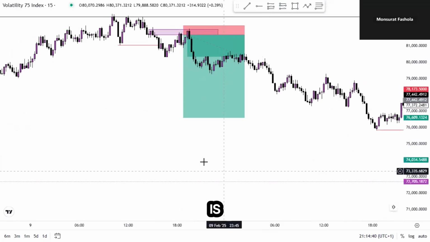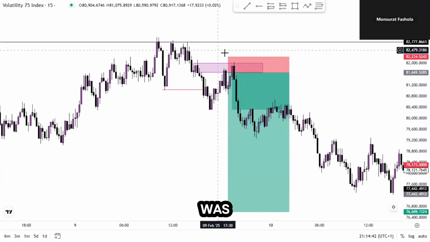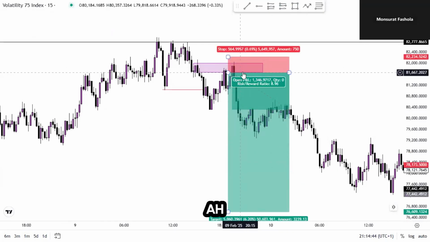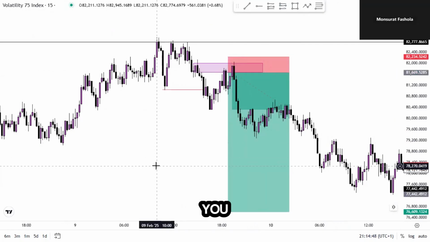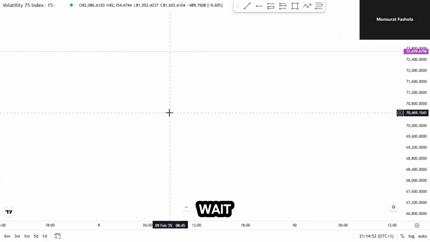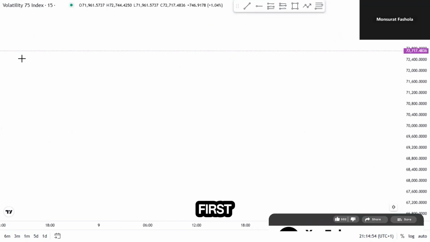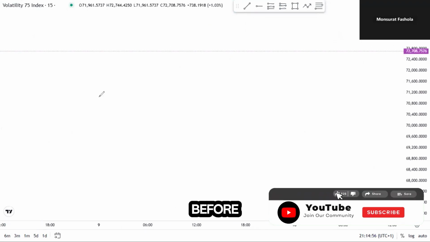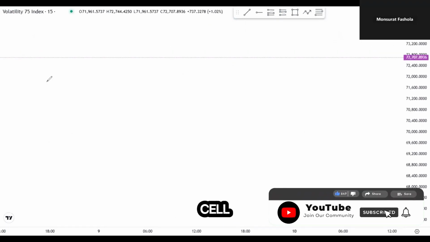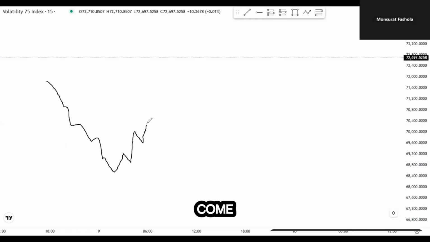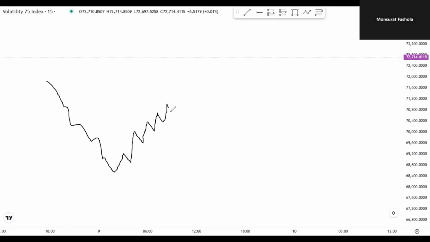Up to now, price is still selling, and this was my initial entry point. You understand what I'm saying? So I must always wait for this break of structure first on the smaller time frame before taking any sell, or even a buy. Come, let me do it here.